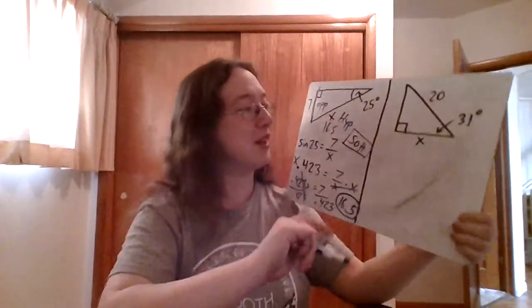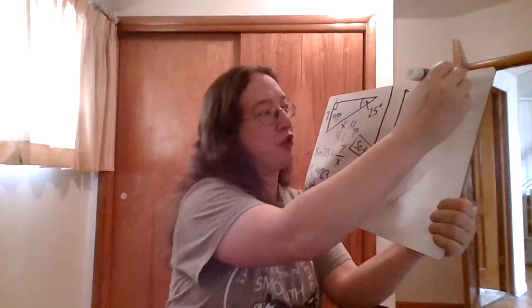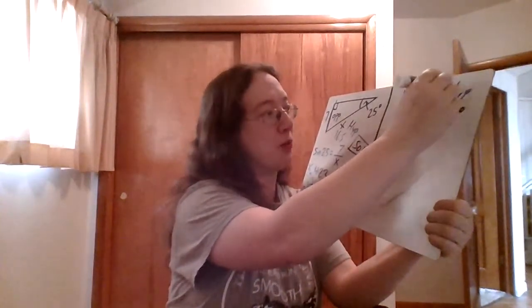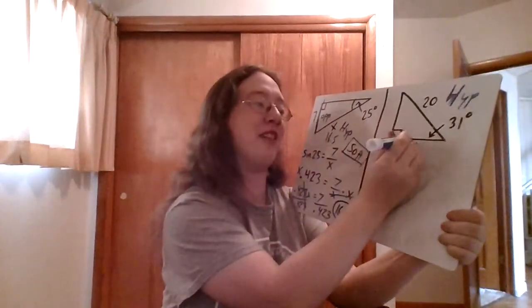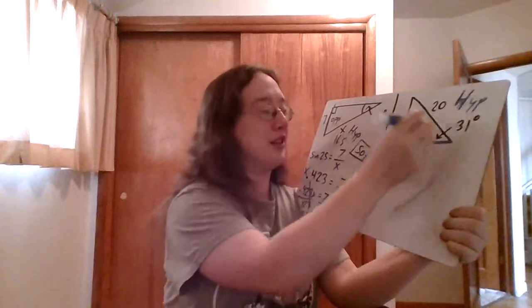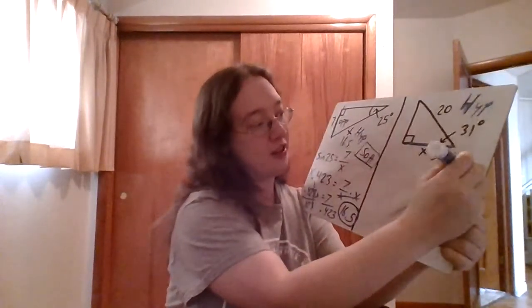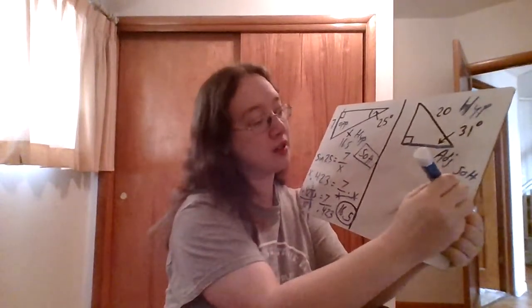Okay, one more. So we got a 31-degree angle here. We've got, again, our hypotenuse. Your hypotenuse is a freebie. It's always the one that's across from your right angle. That's a terrible H. So we got our hypotenuse. We're looking for the side that's next to our angle, not opposite from it. So this is our adjacent side. So SOHCAHTOA.